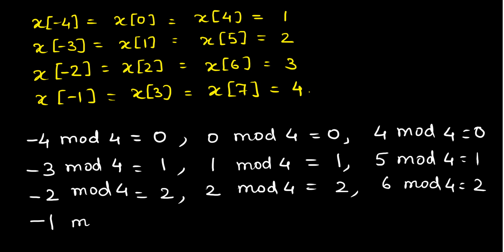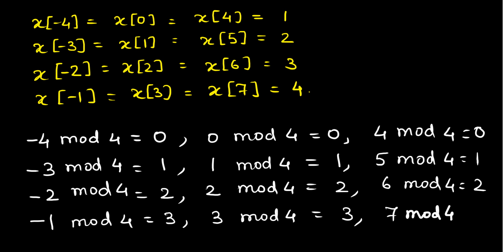Minus 1 mod 4 is equal to 3. Then 3 mod 4 is equal to 3, and 7 mod 4 again is equal to 3.